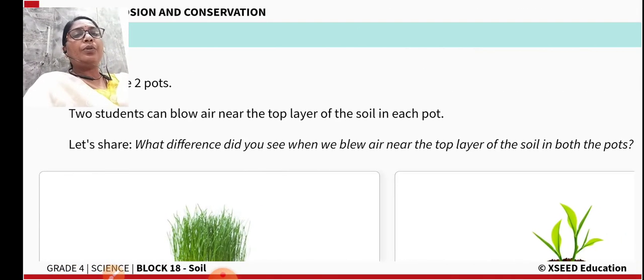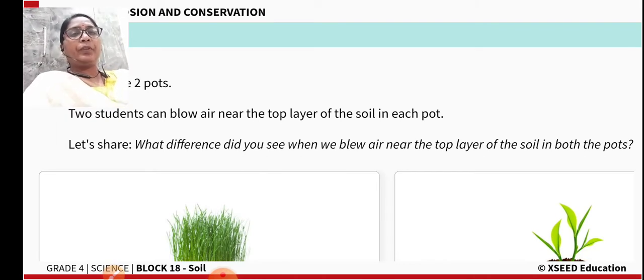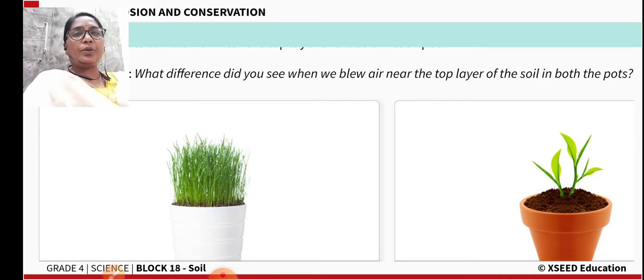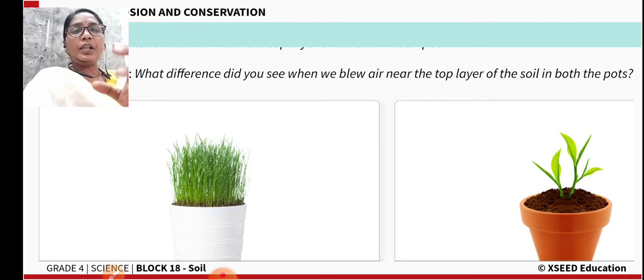So now you have an answer for your activity, I think. What happens when you bring a table fan near these two potted plants and blow the air strongly? You can guess it. The topsoil flies away from pot B, but near pot A, you could not see the removal or flying of topsoil.